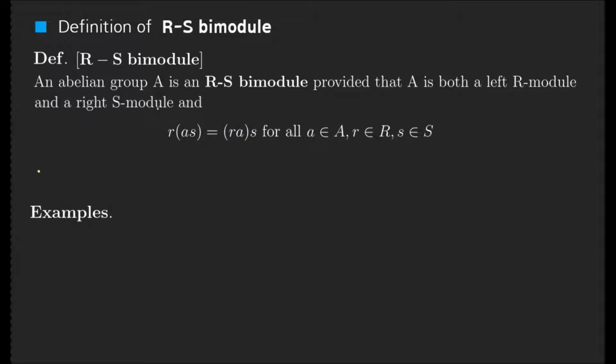Now, let's consider the example of the R-S bimodule. A short, concise example: if R is a ring, then the ring R is an R-R bimodule.